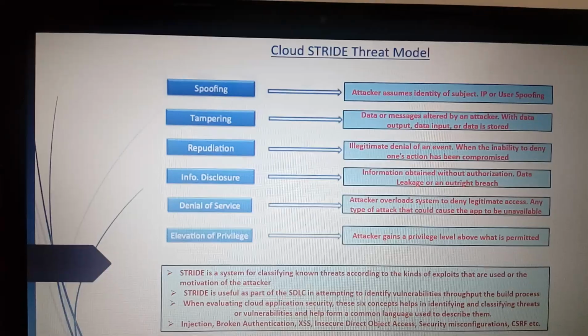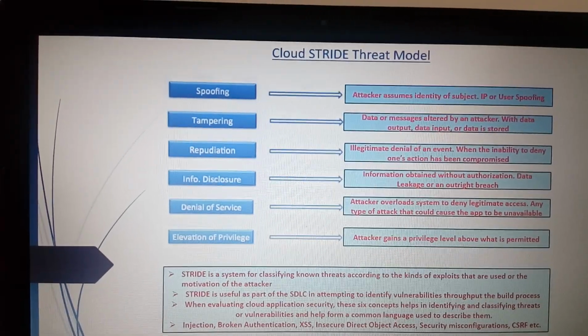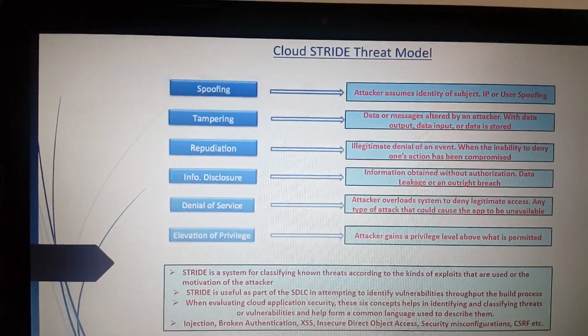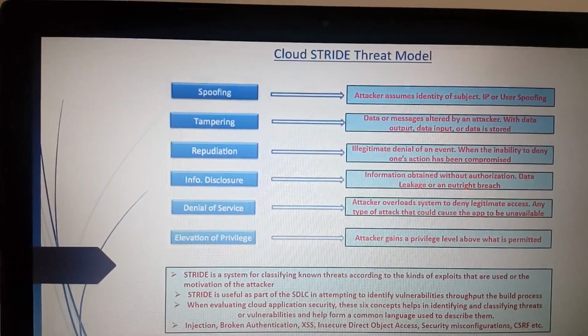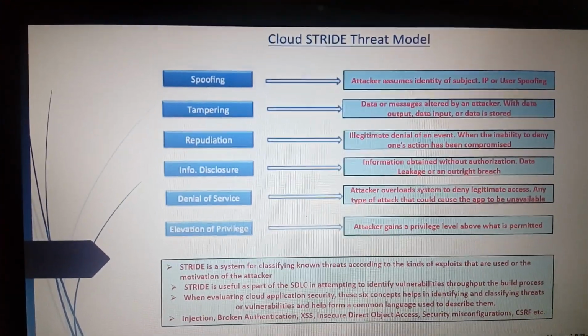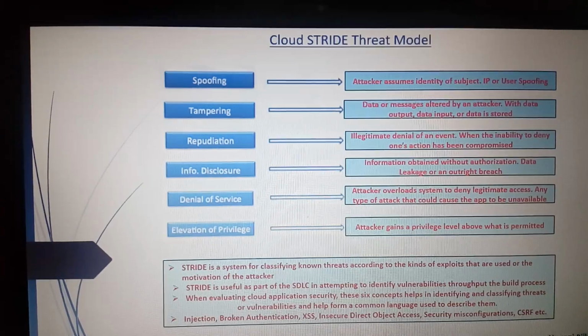These six concepts make up the STRIDE model, and it is applicable to application development and application security, right?